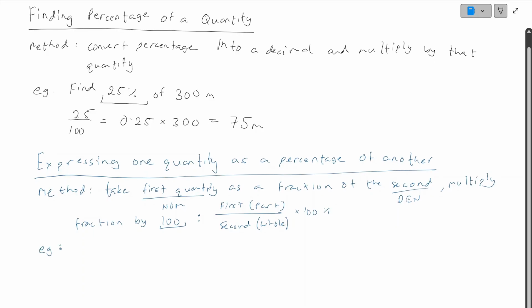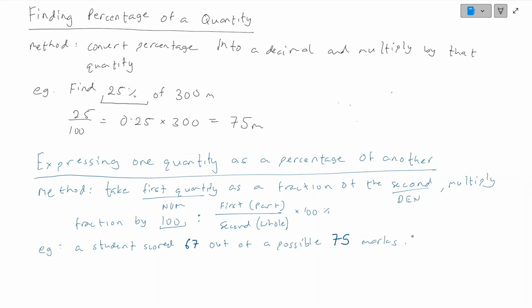Let us take an example for this as well. A student scored 67 out of a possible 75 marks. What percentage did he get?